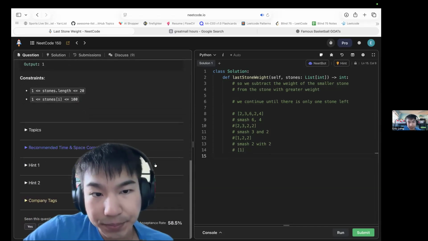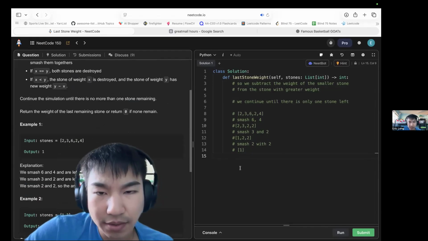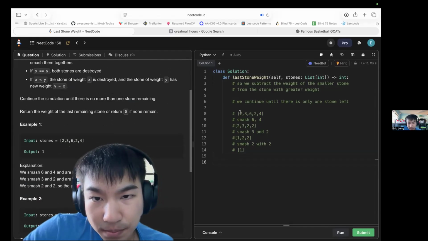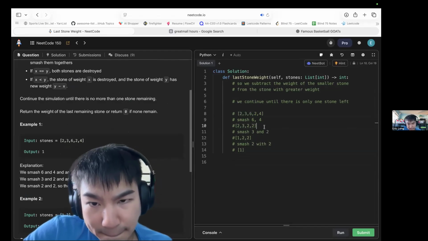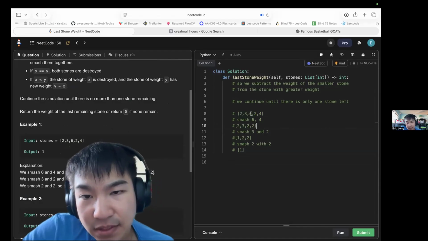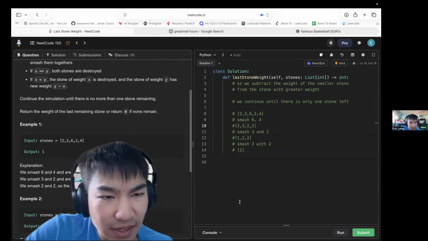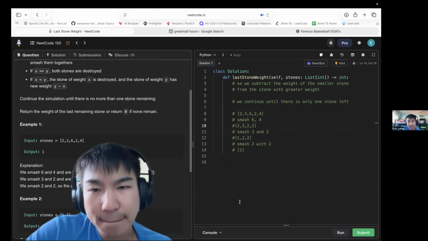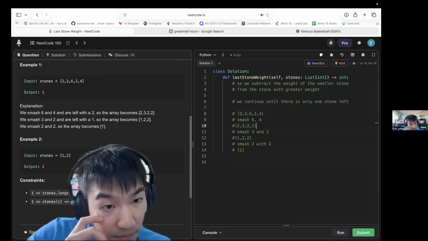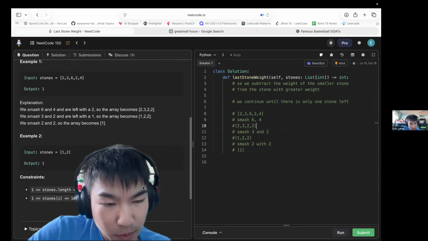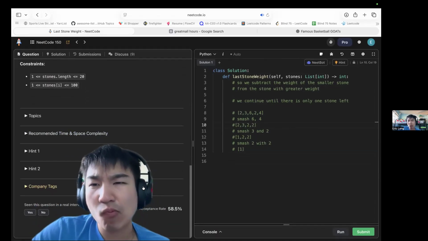All right. Let's go ahead and solve this. Let me see if there's any shortcut I could think of. We could always just get the max, right?